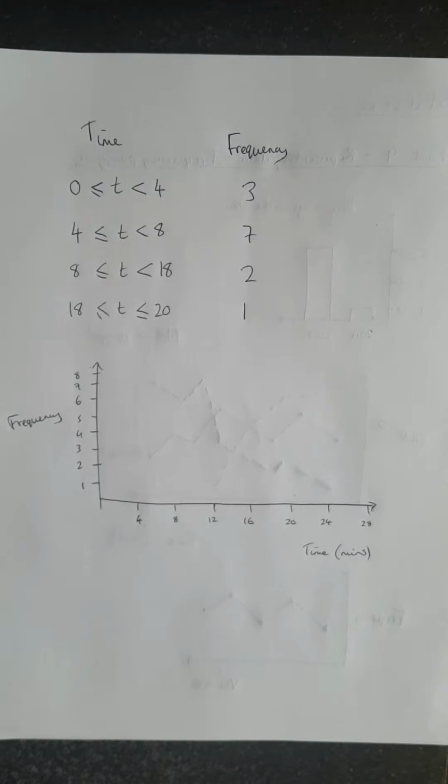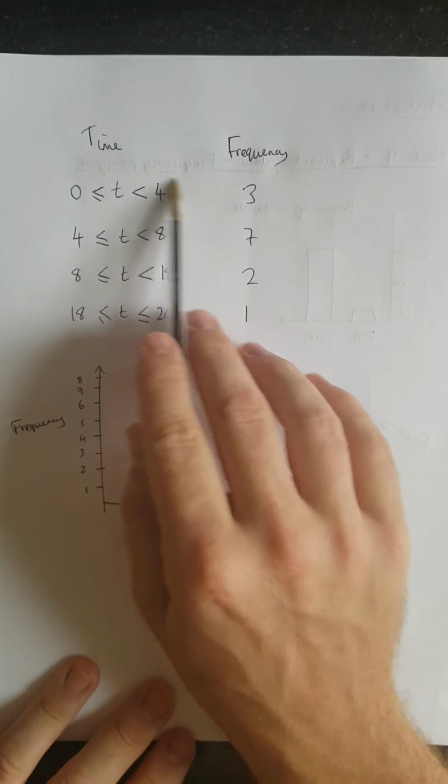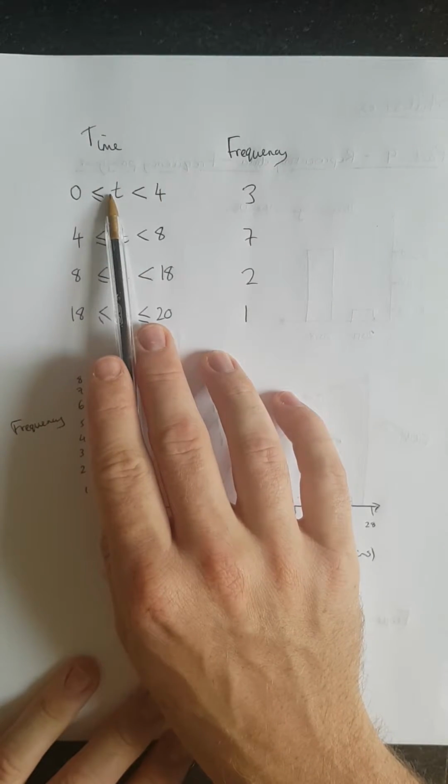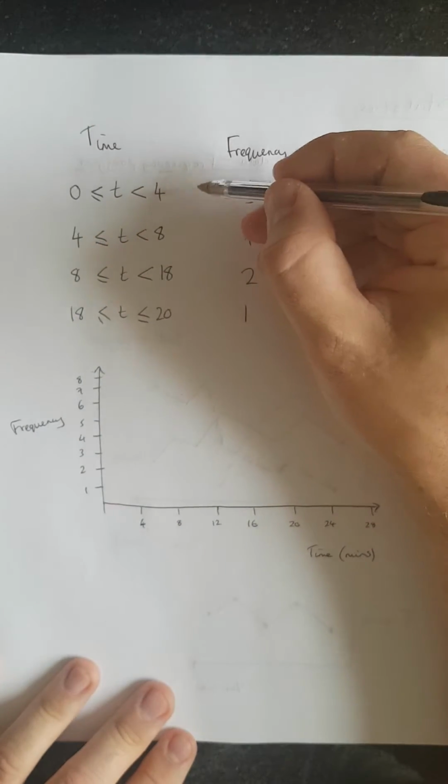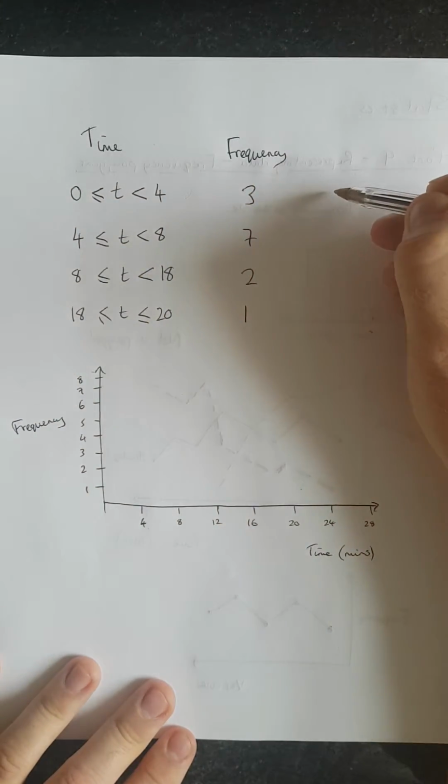So here's how you actually draw the frequency polygon. Because you're covering this range, the best place to draw it is actually to plot your point at this value.